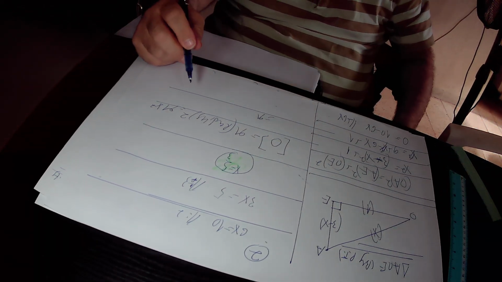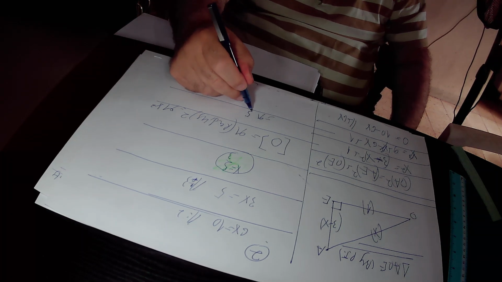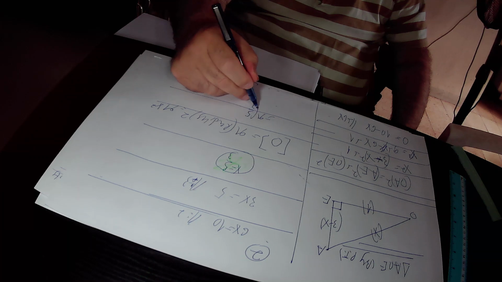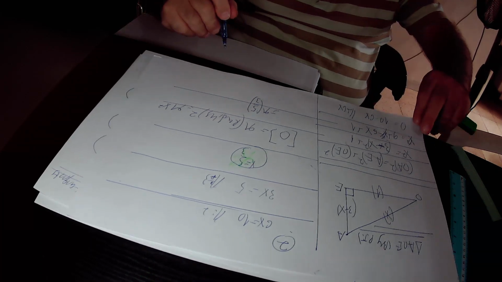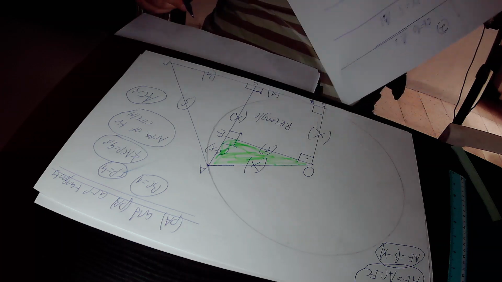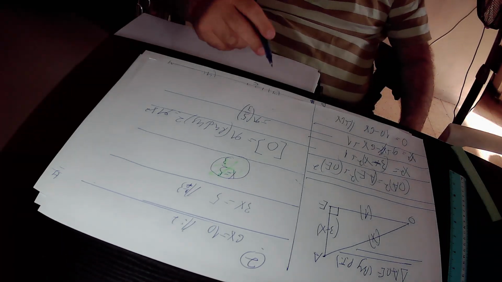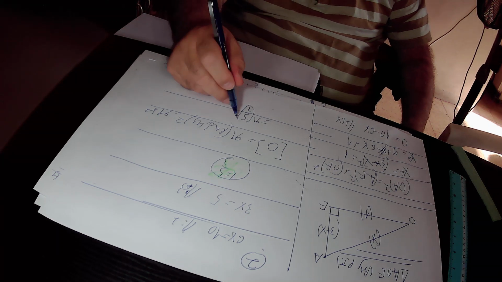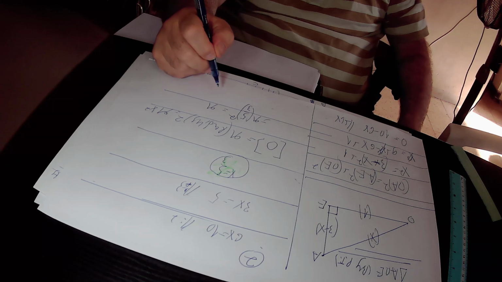X is 5 over 3, therefore x squared is (5 over 3) squared. So in total we found out the area that we are looking for, that is the area of this circle, is equal to pi times (5 over 3) squared.